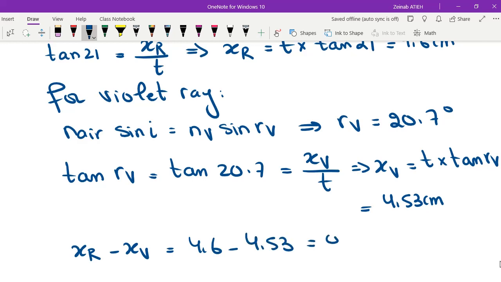This will give us 0.07 centimeter, and this is the distance between the two points.